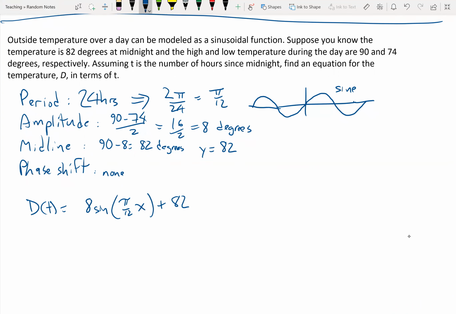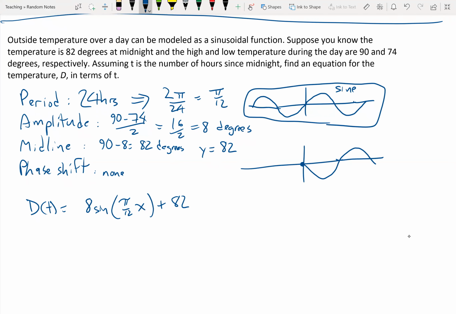The only thing left is that the sine I've drawn isn't actually what's going on, because at midnight, temperature is not increasing. Temperature is probably going down at midnight. So instead of being at the average and going up, it's at the average and going down.